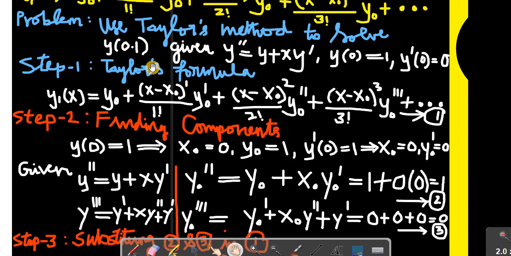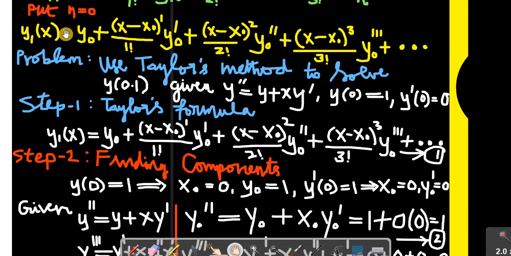Now Taylor's formula is very helpful for us to find this value of y. We have to remember Taylor's formula, which we just formulated.